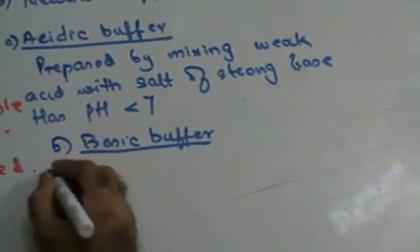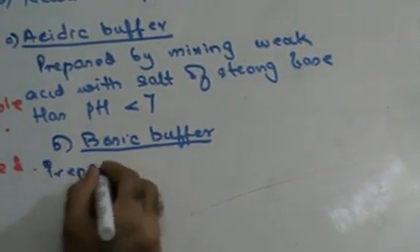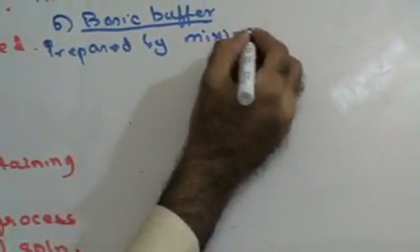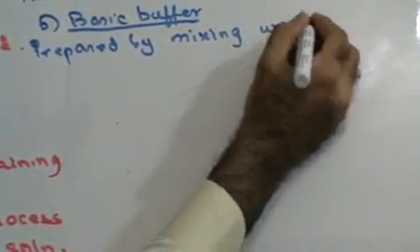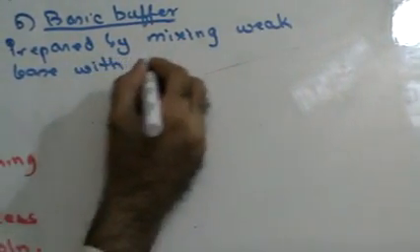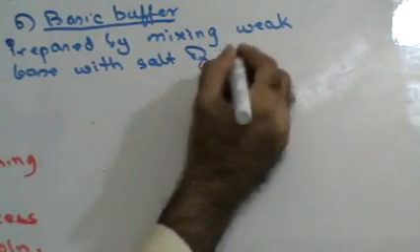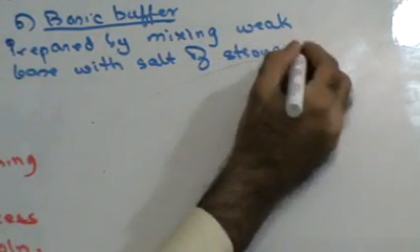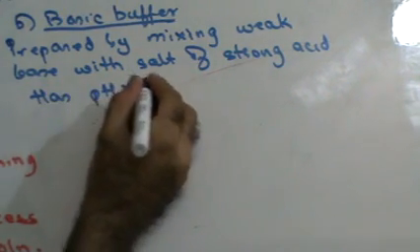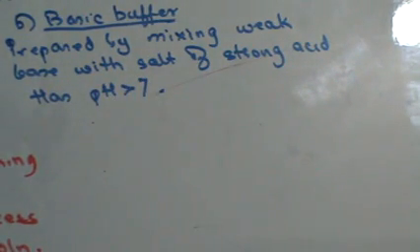Prepared by mixing weak base with salt of strong acid, it has pH greater than 7. Do we get this clear?